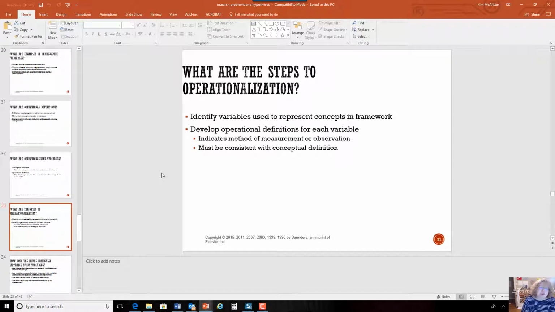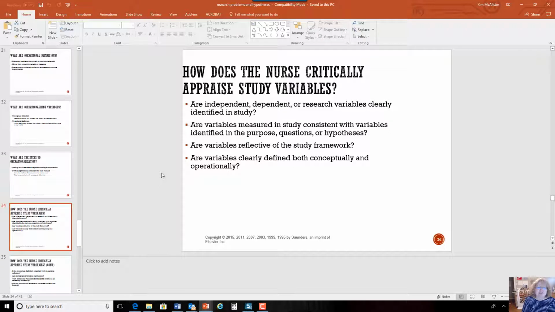So in order to operationalize your variables, you want to identify what you're going to be using within your framework. And then you want to develop a specific operational measurement for each variable. This way, everyone who's participating in the study will be operationalizing, using, manipulating the variable in the same way, and you have consistent results.